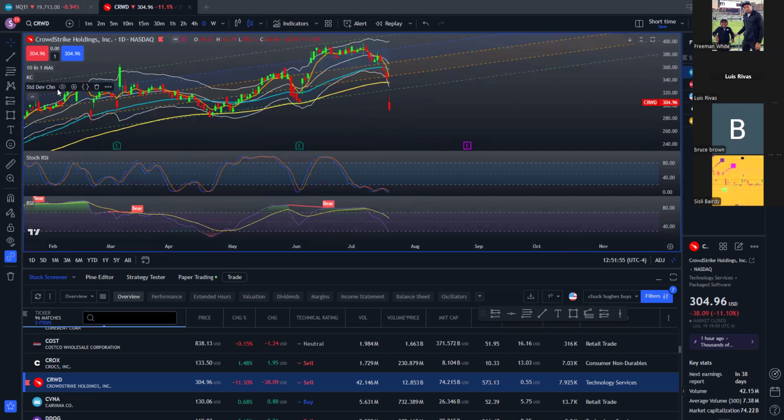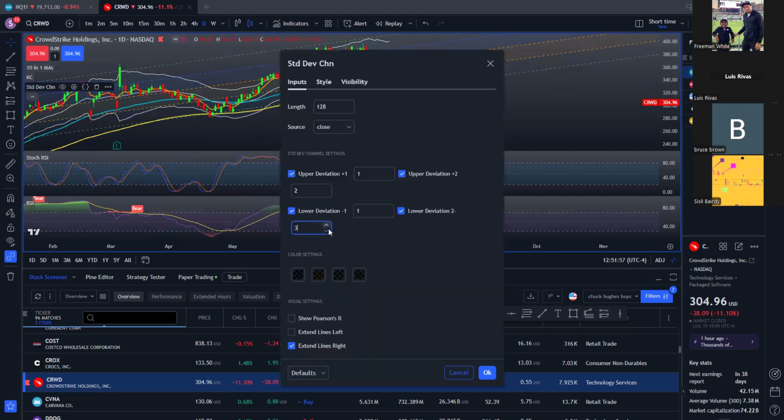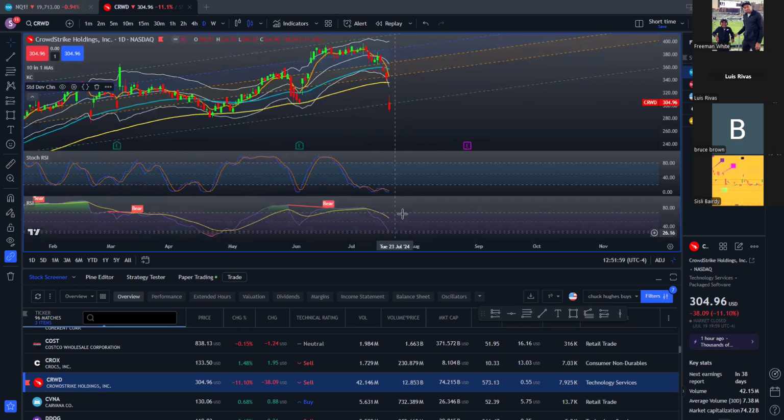It didn't hit my standard deviation 3 yet though. Oh God, yes. And I'm really wondering, I might have to go do a little research to see why CrowdStrike dropped, why it did this kind of move. But that was because they were part of the Microsoft issue with the airplanes and all of that.